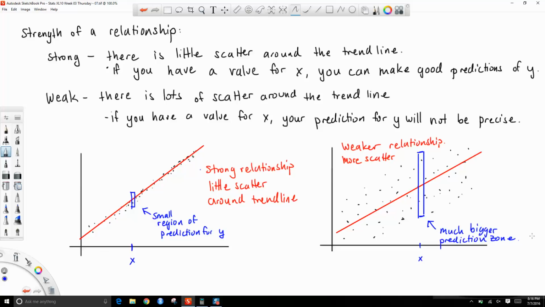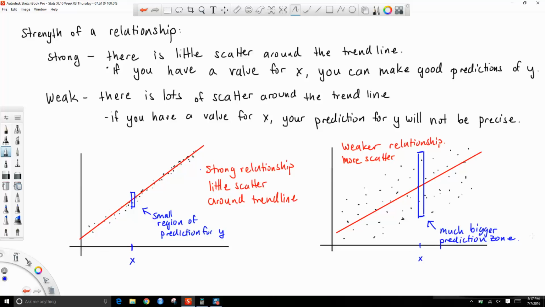All right, and so again, instead of just describing something as strong or weak, positive or negative, we can actually assign a quantity to it, okay? And that's especially useful for this strong or weak relationship, because the idea of what is strong and what is weak heavily depends on the context of the relationship, okay?